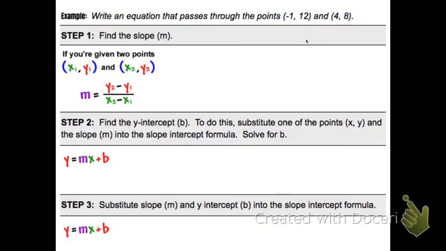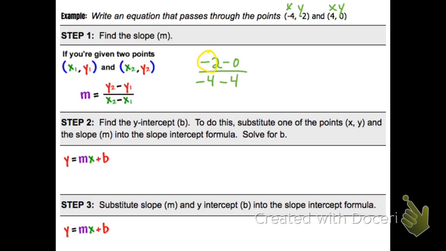Let's try another one. So here, again, I'm given 2 points. So I'm going to label them x, y, x, y. I'm going to subtract the y's, so negative 2 minus 0, and subtract the x's, negative 4 minus 4.